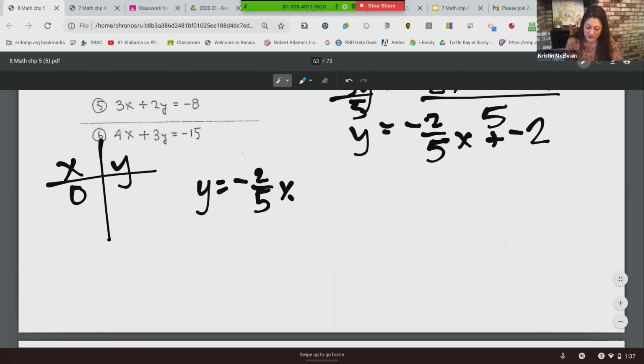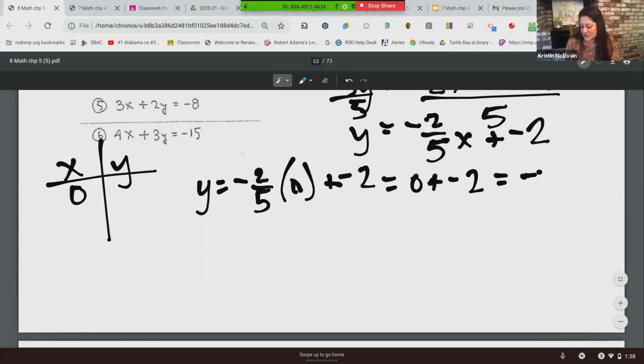Oops, I know my value I want for x. I'm using 0 plus -2. Oh, I can't do it. I have to switch stylus. Okay, so that's going to equal 0 plus -2, which of course is -2. And we know that's right because that is our y-intercept.